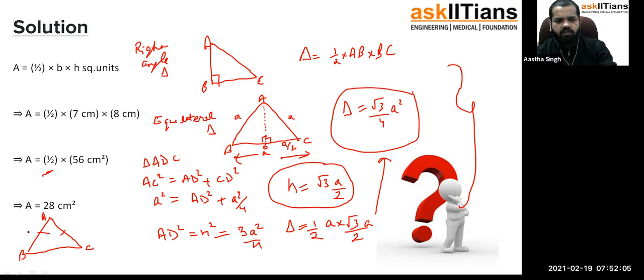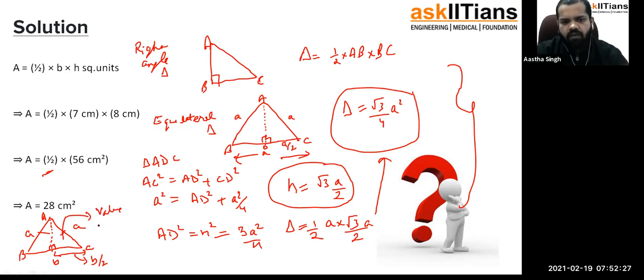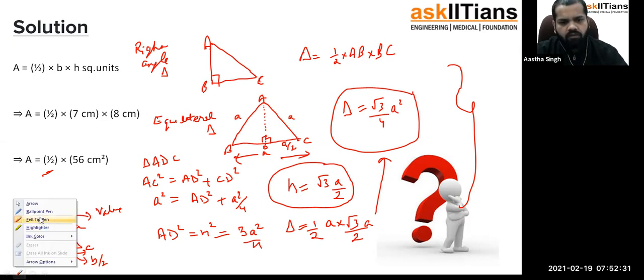Suppose these two sides are A, and BC is B, right? So if you draw a perpendicular, then this point will be B by 2. By having this triangle and Pythagoras theorem, you can easily find the value of AD. Okay, let me prove it.